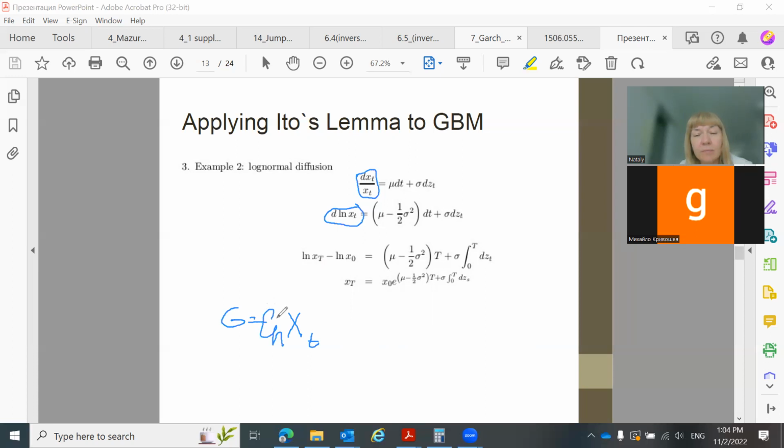And our dx_t equals x_t mu dt plus x_t sigma dz.